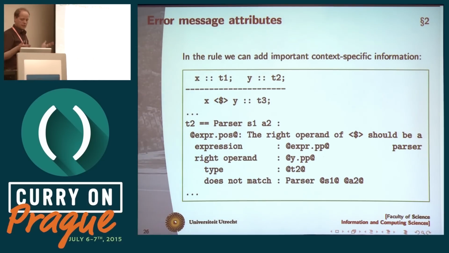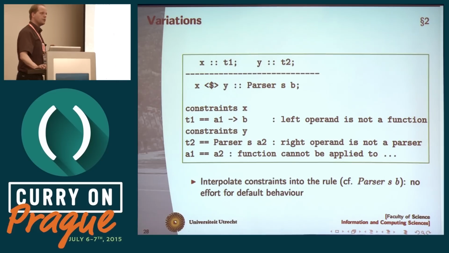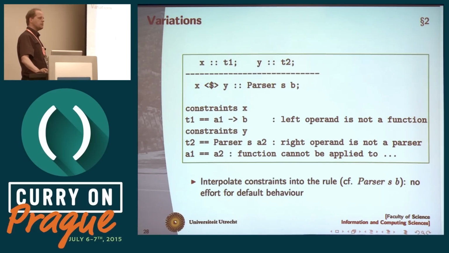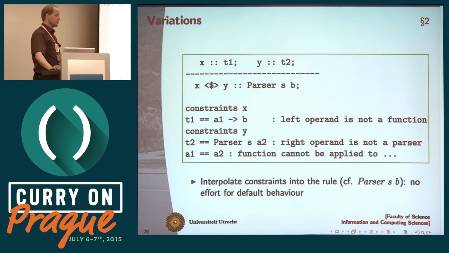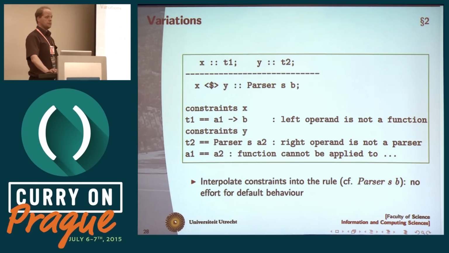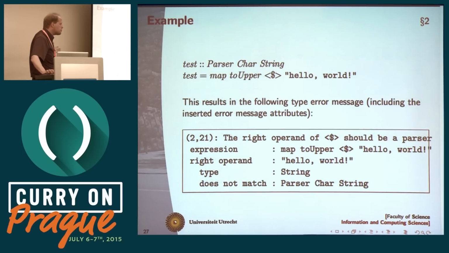But I think this is a crucial thing. When we submit papers, they often say, but you don't show us that you can improve type errors, but we only give a mechanism for somebody to tailor the error messages to either improve them or make them worse because he likes the old versions of GHC much better. I don't know. But yes, it's possible.